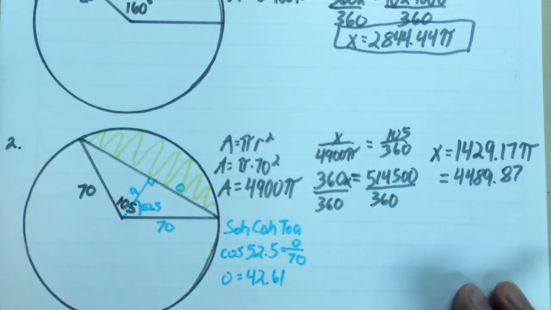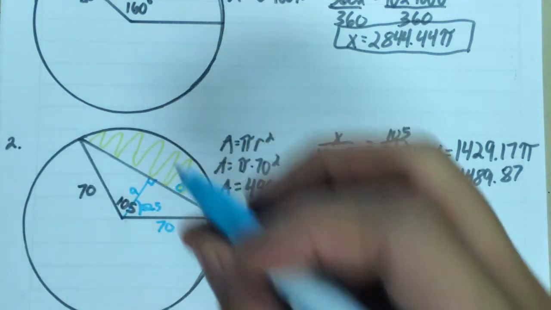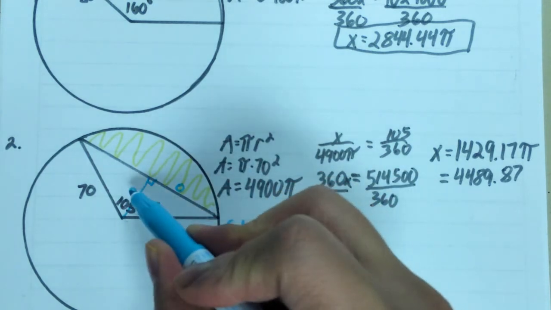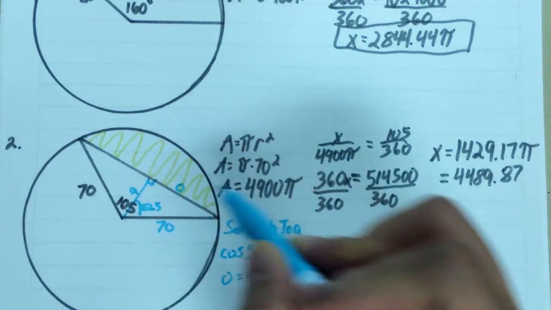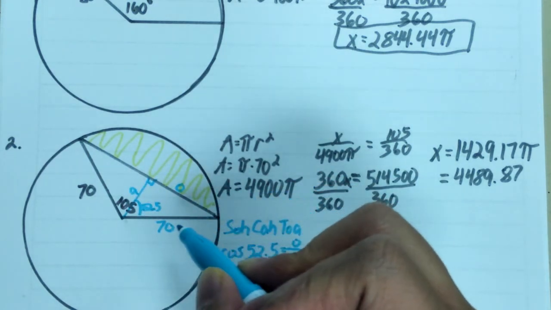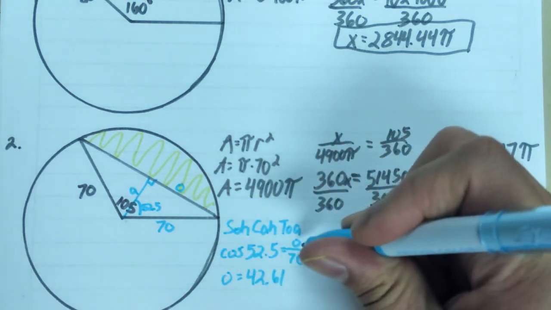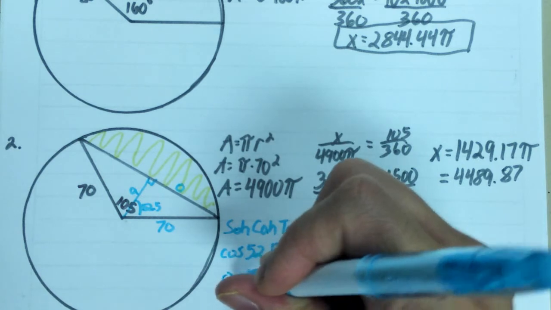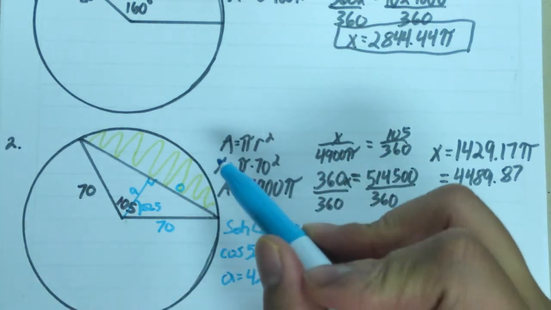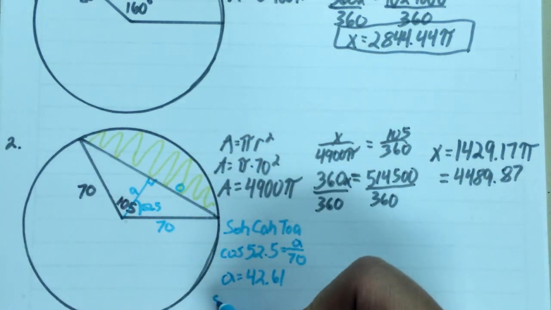Now let's find our other side. I apologize, the adjacent was cosine. What we're missing is the opposite, which goes with sine.